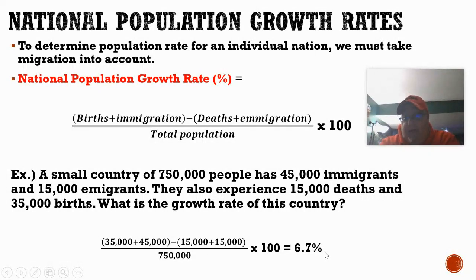So this particular country has a growth rate that is much higher than the world average, right? We said in the previous problem that the world's growth rate was 1.2%. This country is 6.7. And I'll be honest with you, there are countries around the world that have growth rates like this.